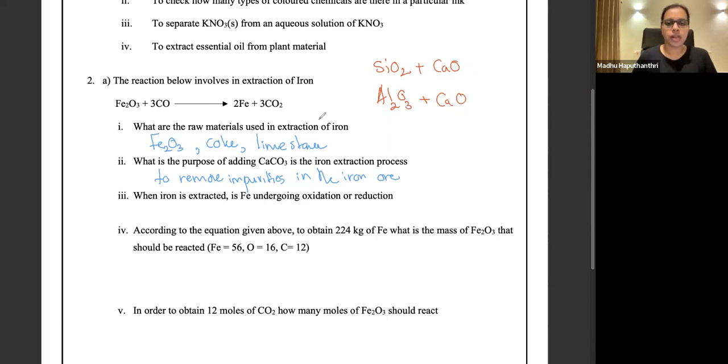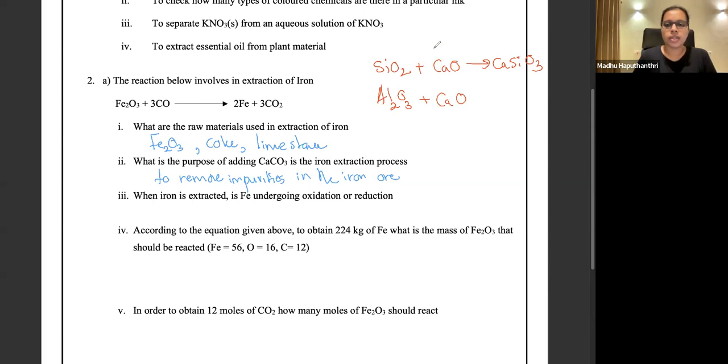Now limestone is calcium carbonate. When it is heated, calcium oxide is coming. So calcium oxide and SiO2 are getting together. How do you write that? How do you keep that in mind?